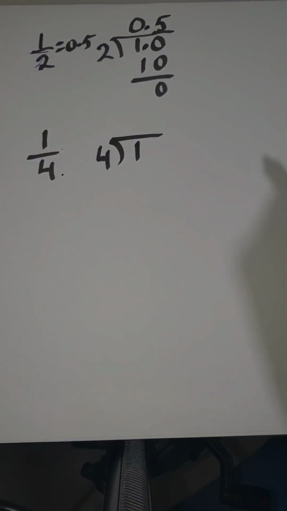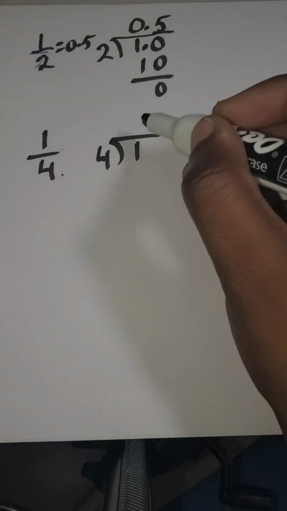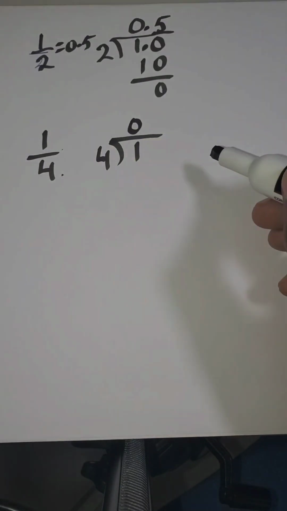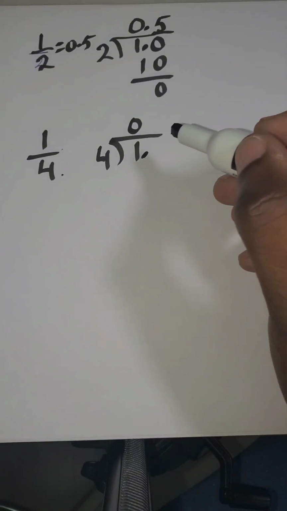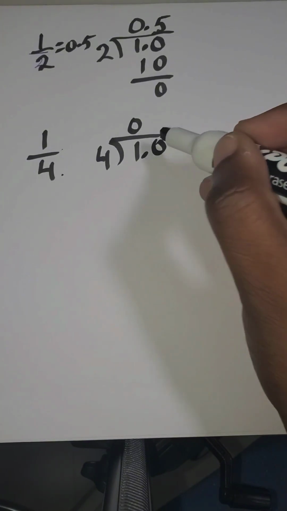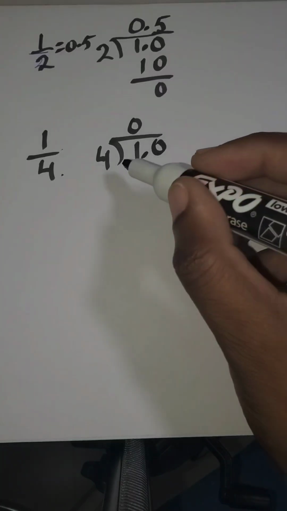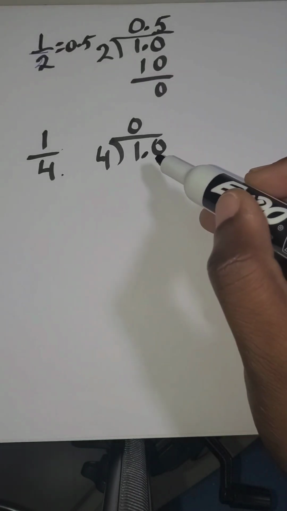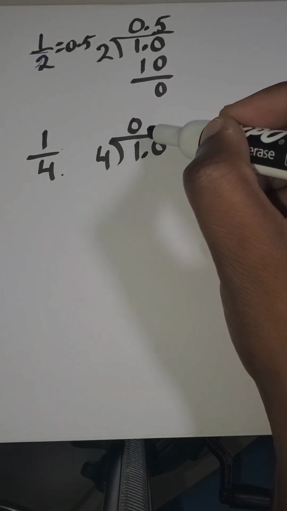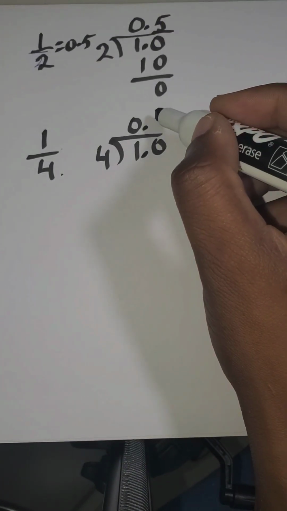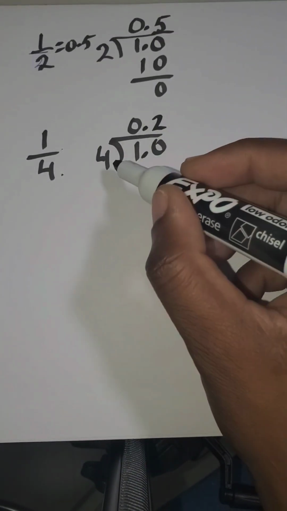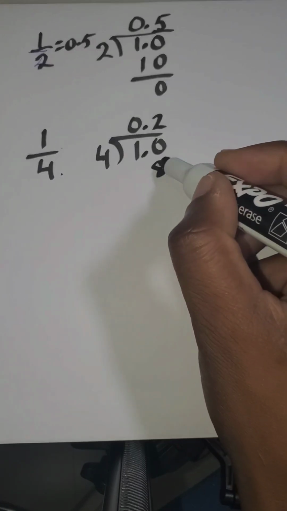So I'm going to say, how many times can 4 go into 1? That goes 0 times. Again, at the back of a normal number there's a decimal point, so I can add that point in and add a 0. And now I can say, how many times can 4 go into 10? Put the decimal point directly on top. 4 into 10 goes 2 times. 2 times 4 is 8.